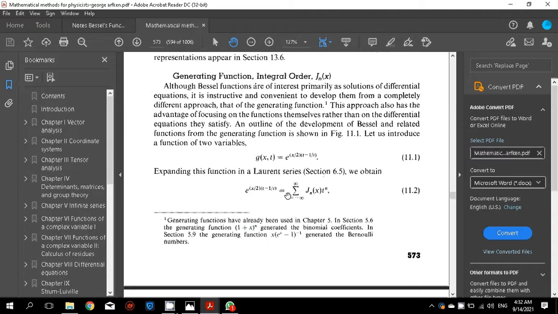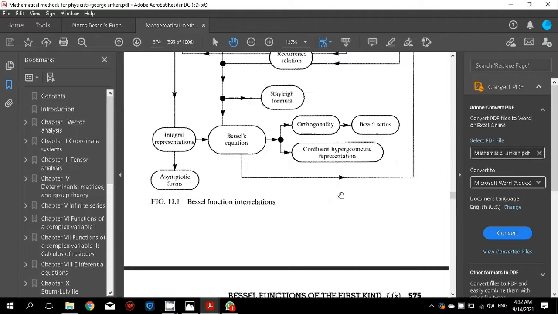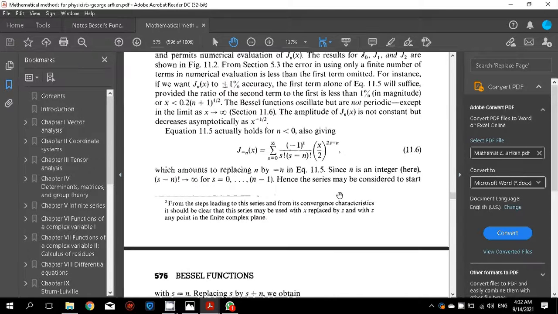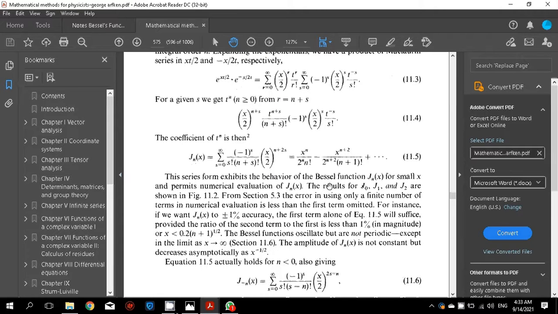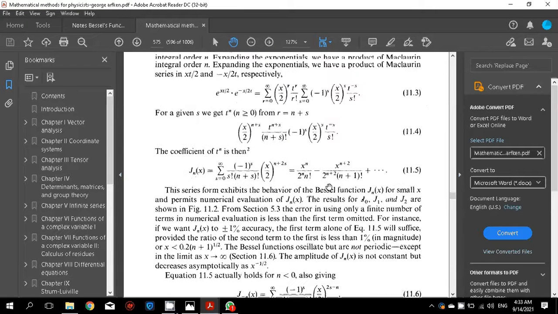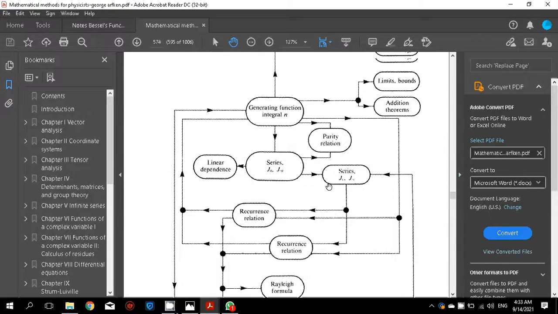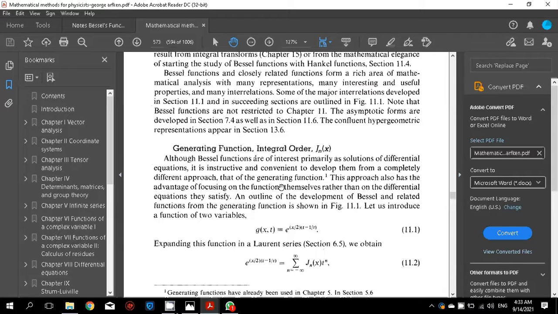You will see the proof of equation 11.2 from my notes, and that is the first property of the Bessel's functions, that they can be generated by a single function. You must remember this particular function, that g(x,t) is equal to e to the power x over 2 times (t minus 1 over t).